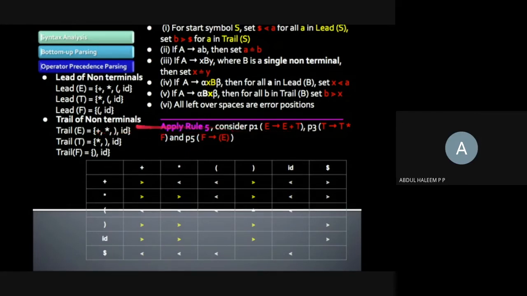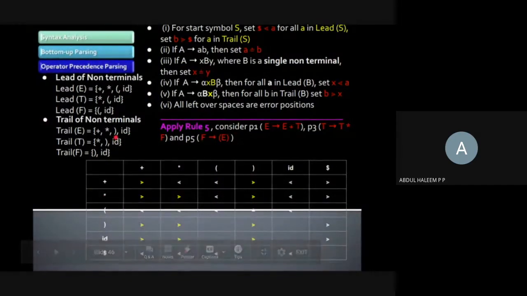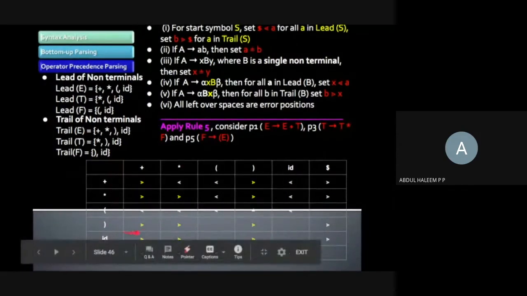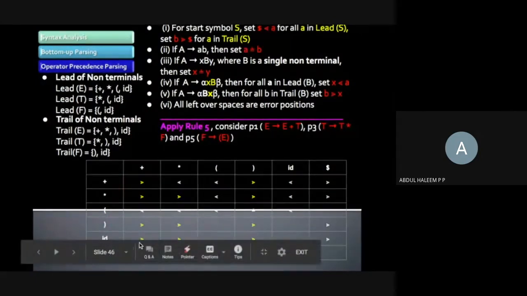X is plus. So plus is greater than plus. Star is greater than plus. Right bracket is greater than plus. Also, ID is greater than plus. So we have filled these positions now as per rule number 5 applied on P1.